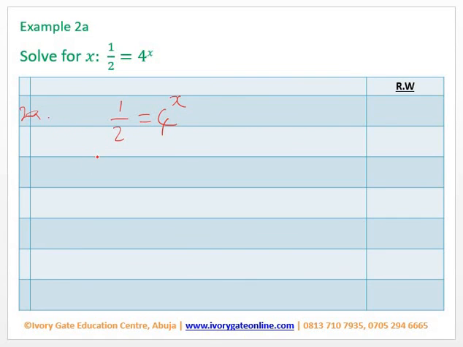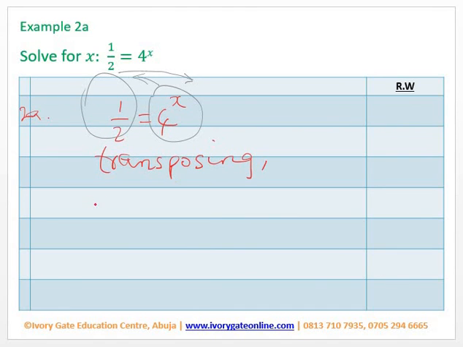So the first thing I'll do here is to move what is on my right hand side to the left hand side. So I'll just swap them like this. Okay, so that is called transposition. So in this case, I'll say transposing, 4 raised to power x is equal to 1 over 2.